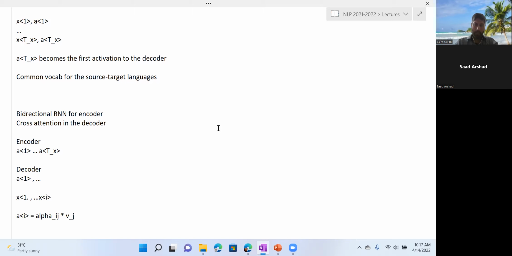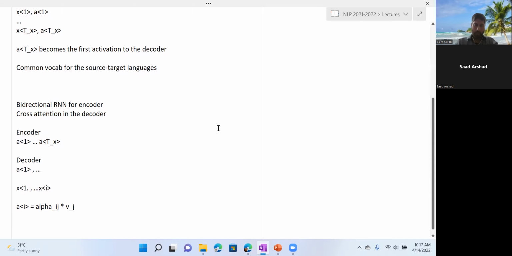So now in the same context, we are generating C at the ith step of the decoder, the context vector at the ith step of the decoder as alpha ij. i is of course of the decoder, but j is all of the inputs in the encoder into of course Vj. So j are indices over the encoder A's.